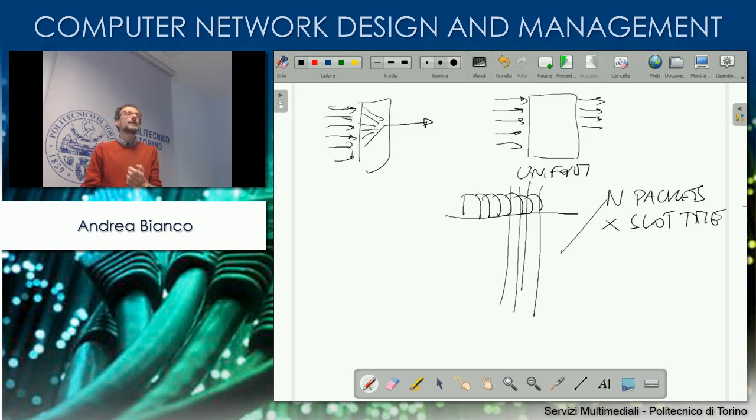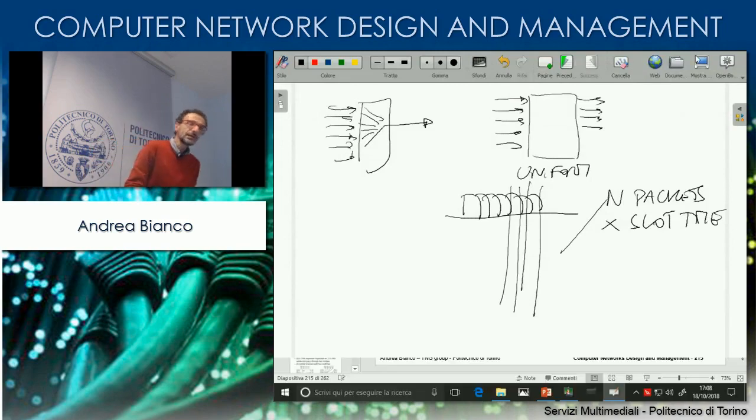That's why we state that the processing time is negligible. It's largely negligible with respect to the transmission time. So we can assume that we don't have any additional processing delay in this node with respect to the delay that we have in reception and transmission. That's the assumption that we make. That's why we forget the processing delay. Is it clear now, more clear? Okay, so processing delay is negligible.